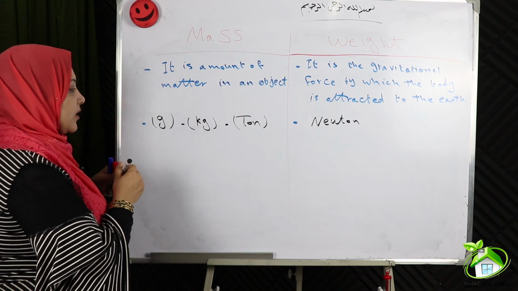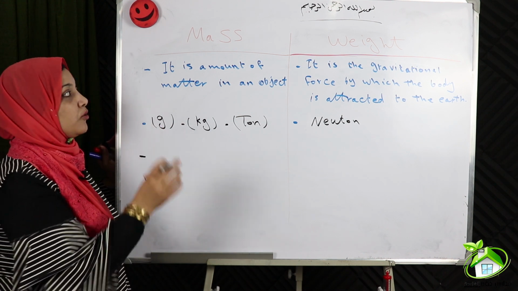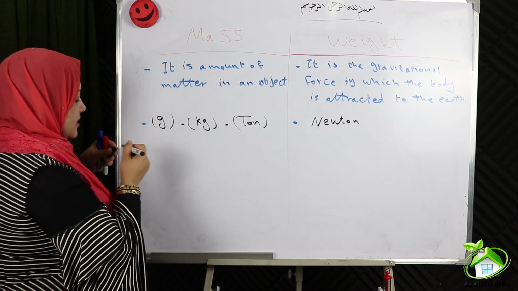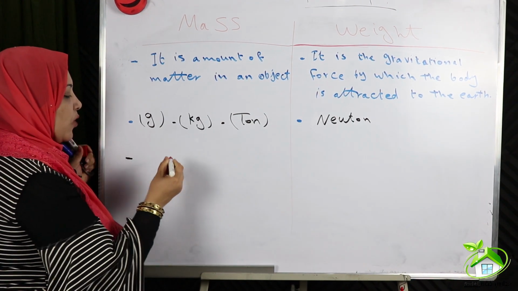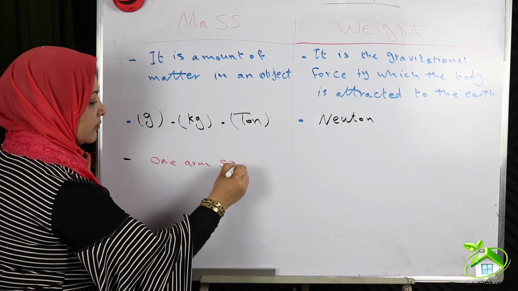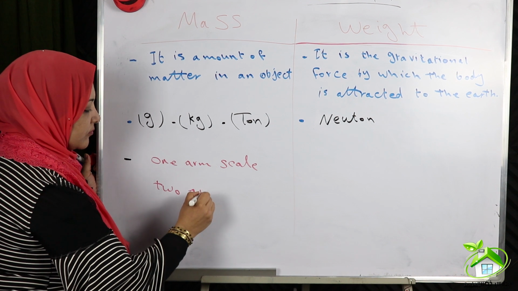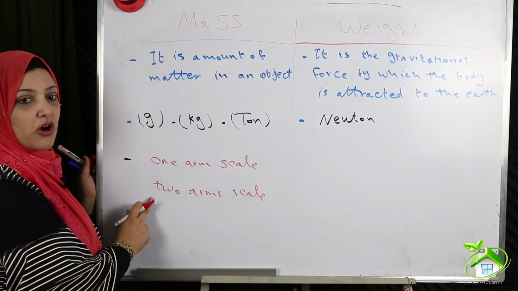In number 3, we will compare between the tools which we use in measuring mass and measuring weight. The tool which we use to measure mass is the 1 arm scale or 2 arms scale.